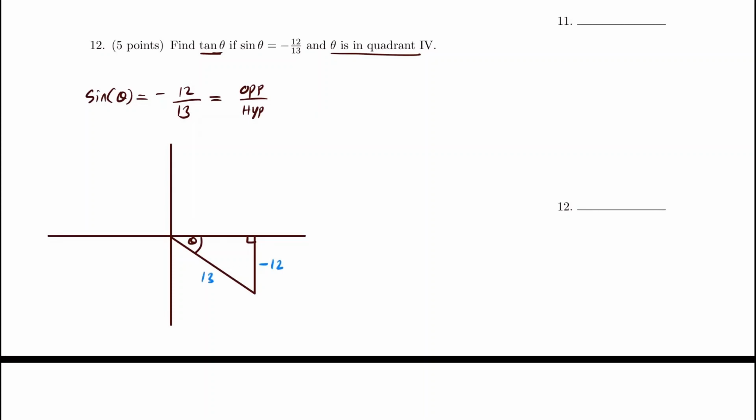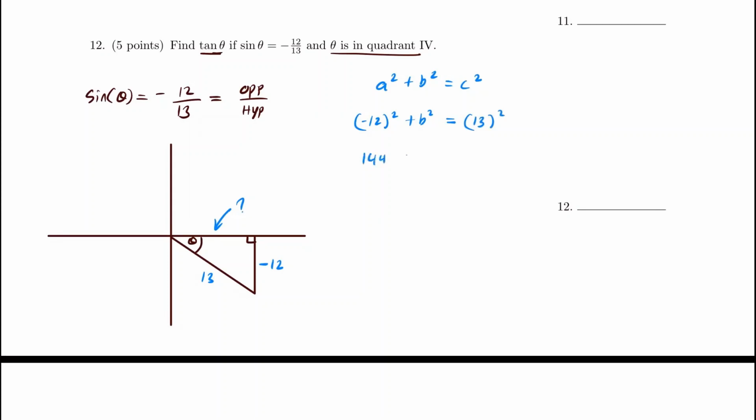So we use the Pythagorean theorem to figure out what this is. We know that a squared plus b squared, which are the legs, is equal to c squared, that's your hypotenuse. So let's suppose negative 12 is our a, so that's negative 12 squared plus b squared, because we're looking for another leg of this triangle, and the hypotenuse is 13 squared.